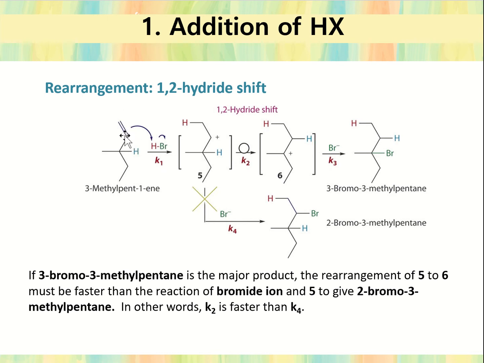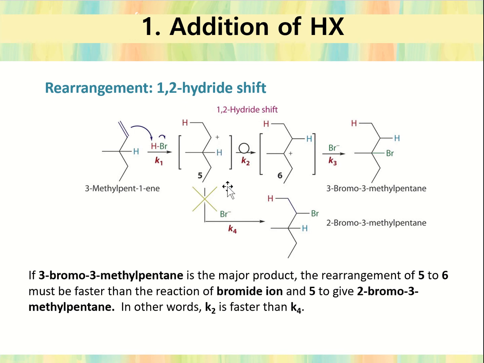And so here again, we see the possibility of the plus charge ending up on either of the carbons, right? So we either get a secondary carbocation or a primary carbocation. So we can see here that, if we have to choose between primary and secondary, clearly the secondary will form preferentially.